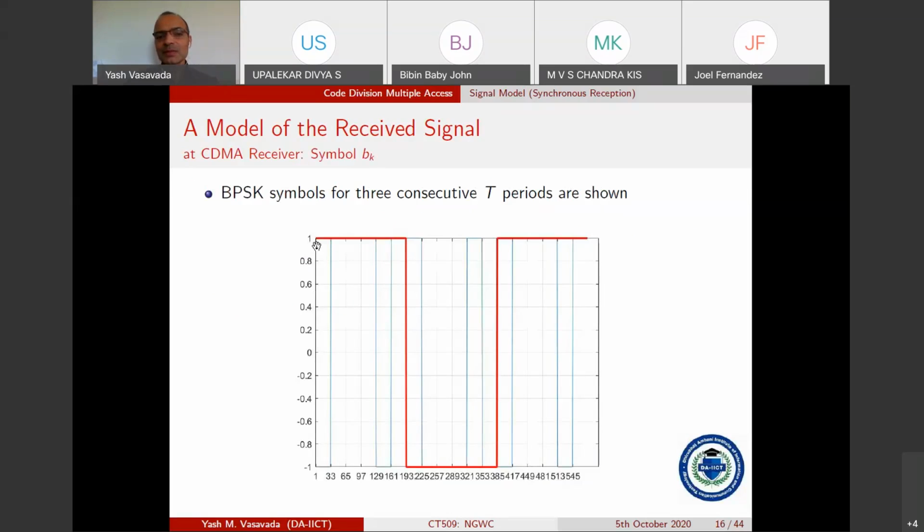If the user was transmitting without code division multiple access, then that user would be sending this red colored waveform, the BPSK waveform with rectangular pulse. But in code division multiple access, the user ends up sending this blue colored waveform. And that transmission we are illustrating as a function of time.